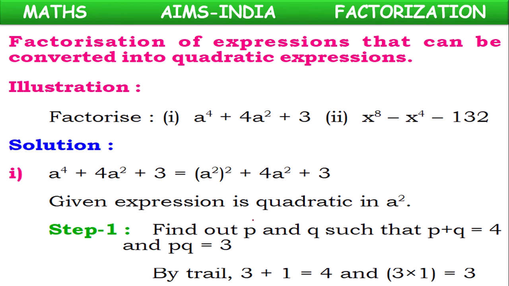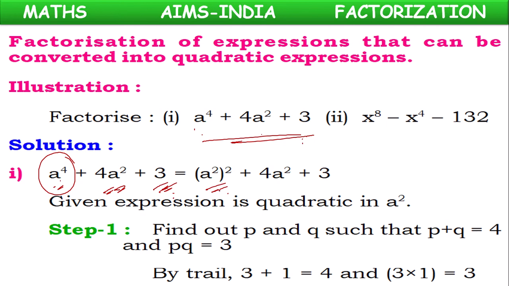That is the method. So here, children, the first expression is a to the power of 4 plus 4a square plus 3. But a to the power of 4 can be written as a square whole square, plus 4a square plus 3 we have here.